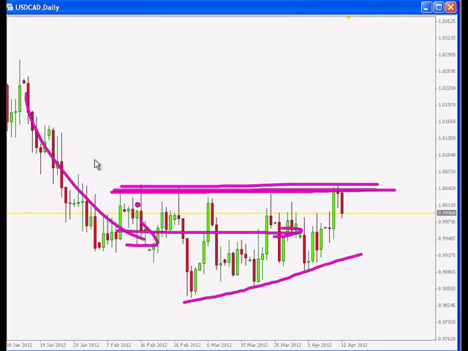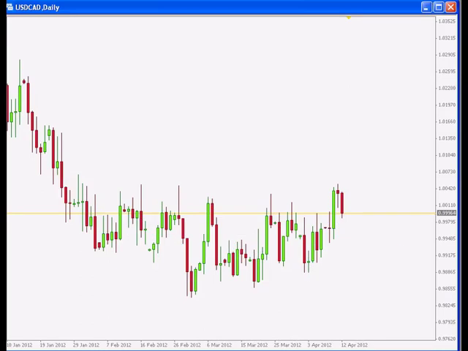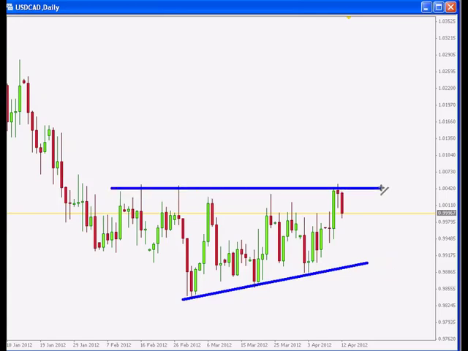It seems like price, after this down move, has been simply ranging sideways for quite a while in this upward leaning triangle. Let me define the boundaries of that triangle: that being the lower range band of the triangle, and this being the top band of the triangle. So this is basically a flat top triangle.